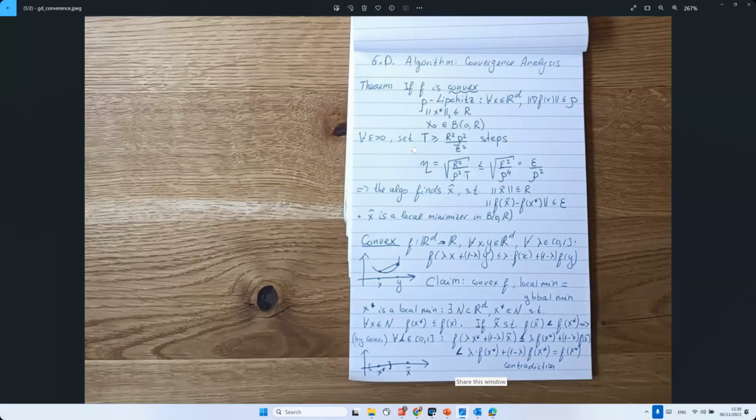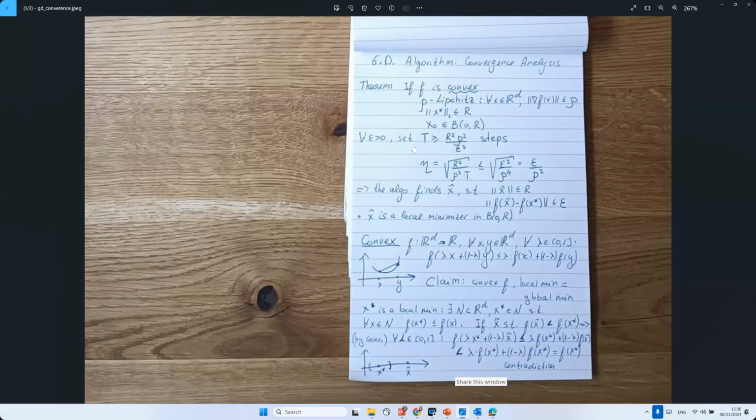So what we got here is that for any point in between X star and X tilde, the value of F is strictly smaller than the value at X star.